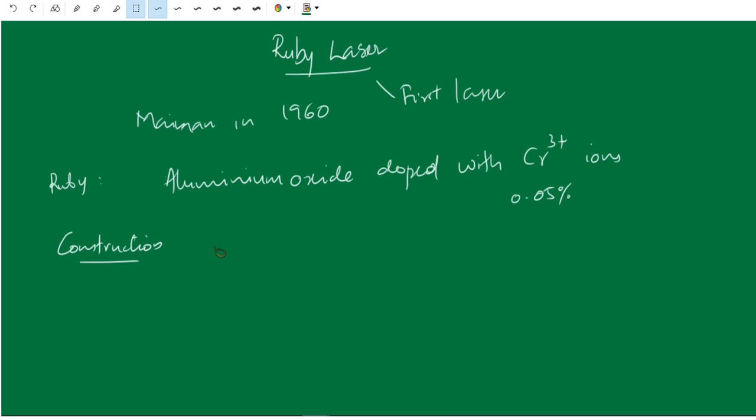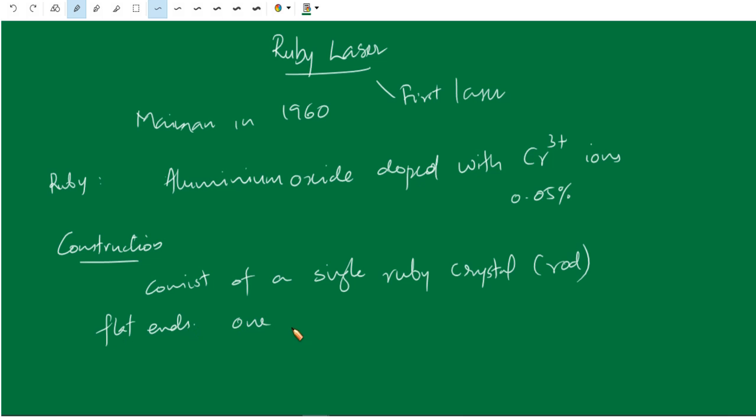The ruby laser consists of a single crystal of ruby, or a ruby rod, whose ends are flat.